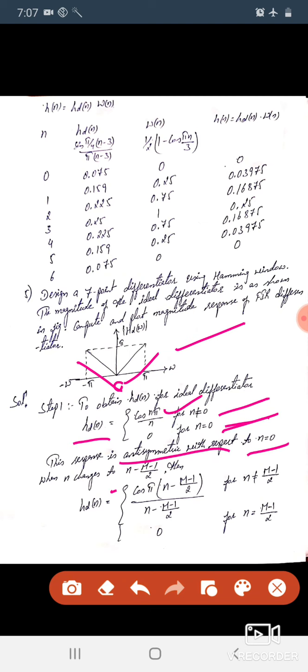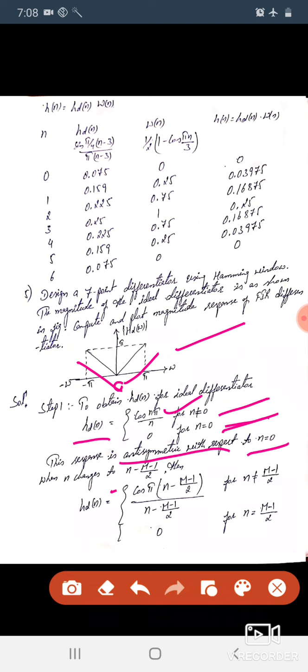Remember, if it is antisymmetric, it is not symmetric. If we observe the figure, we come across what is symmetric and what is asymmetric in such systems. When it is an asymmetric equation, we use cos n pi by n. When it is symmetric, we use sin omega c n pi by pi into n minus 3. You can compare with the problems and you will understand this.